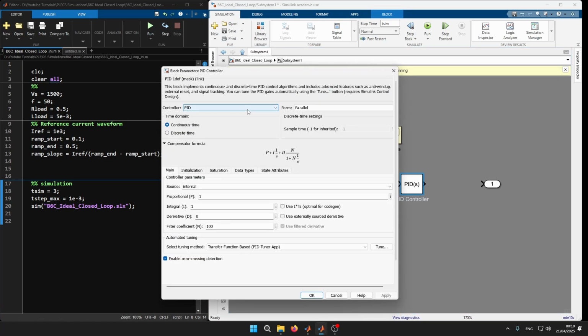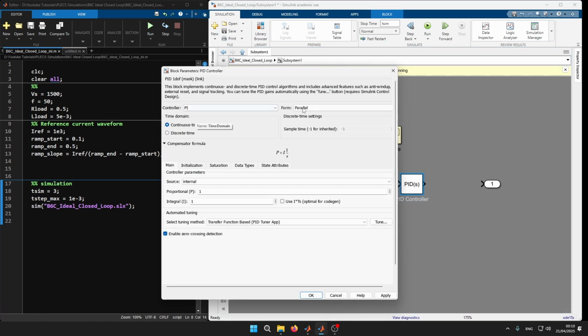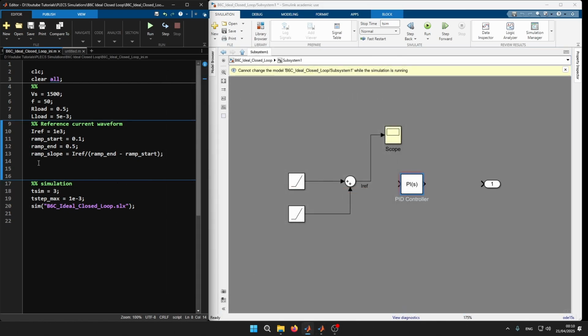From that PID, I will use only the PI part of it. Form is parallel, and for the P part, the proportional part of it, let's take a variable KP, and for the integral part, let's take KI. Apply.